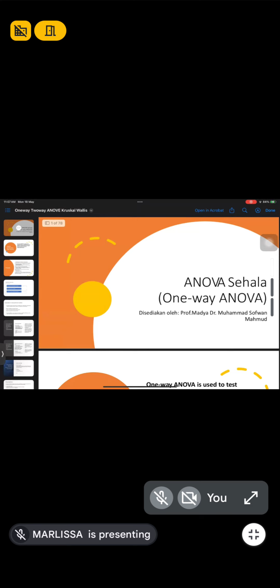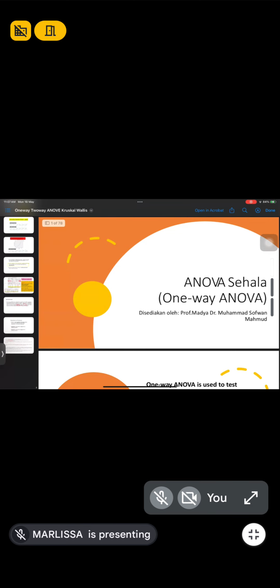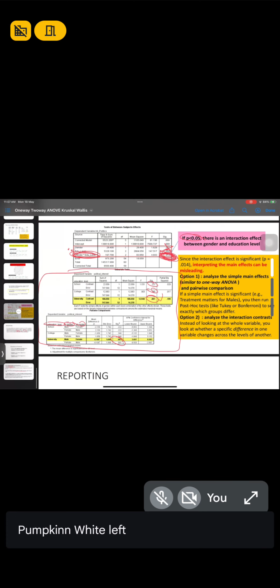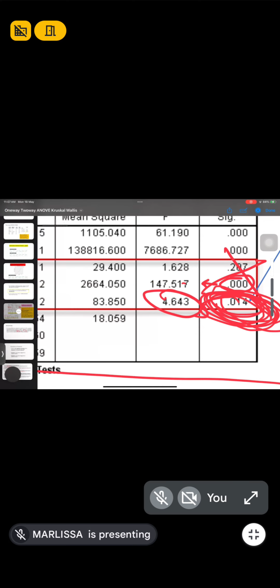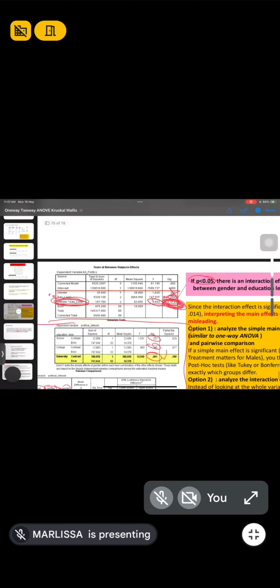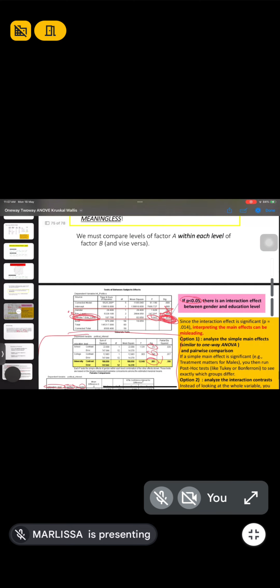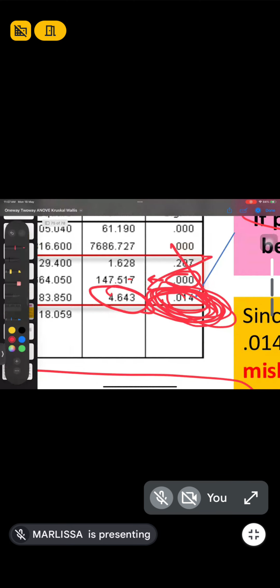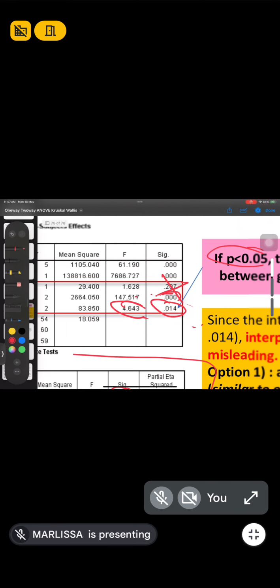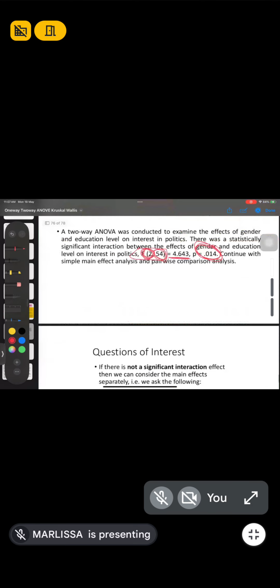Okay, for the F statistic. And the P value 0.14, you take from here. Okay, you take from here. So any other questions?